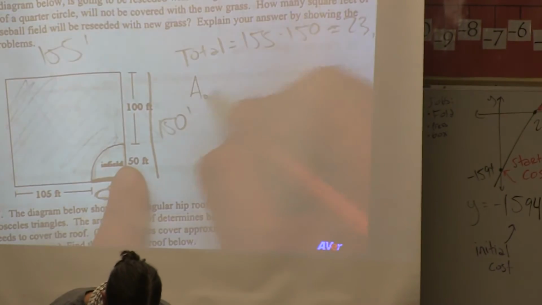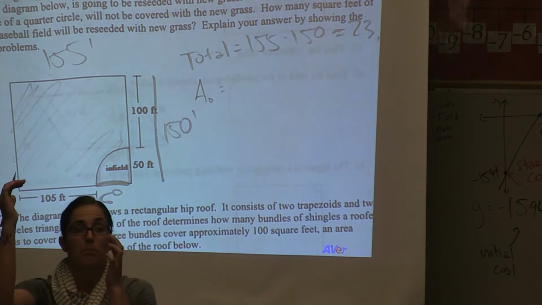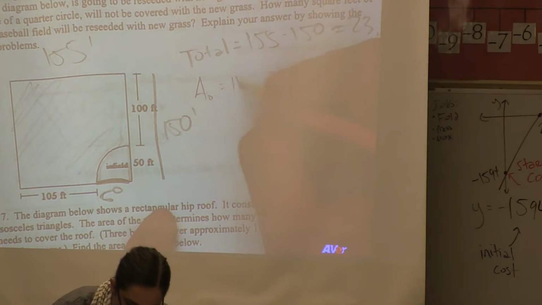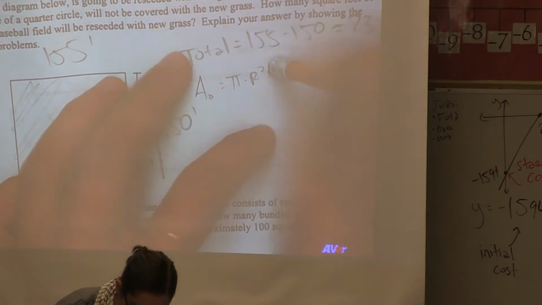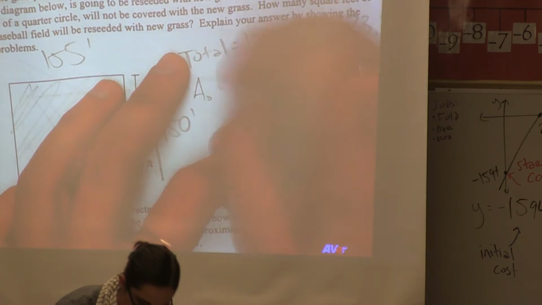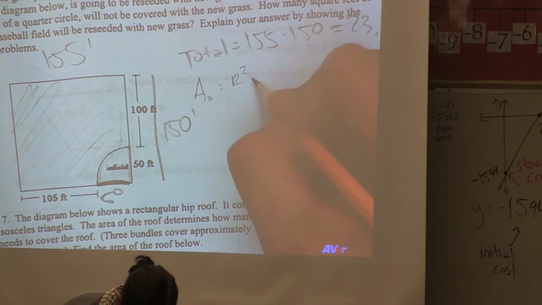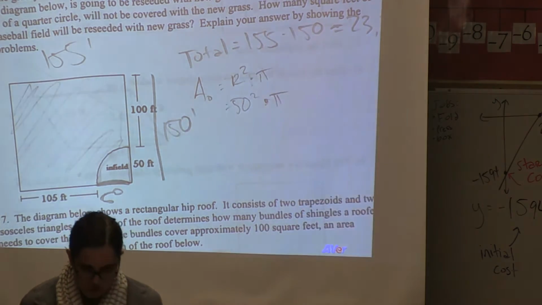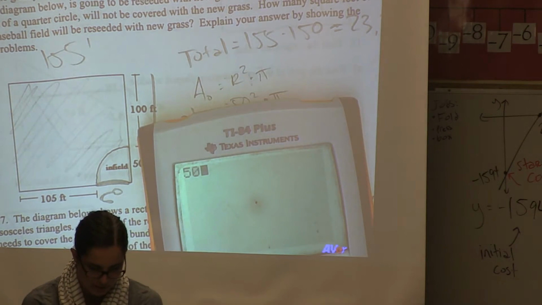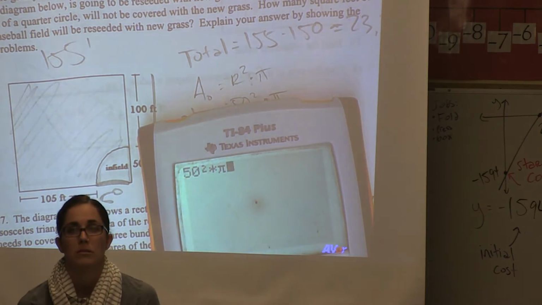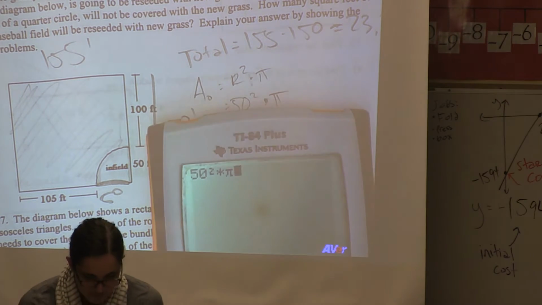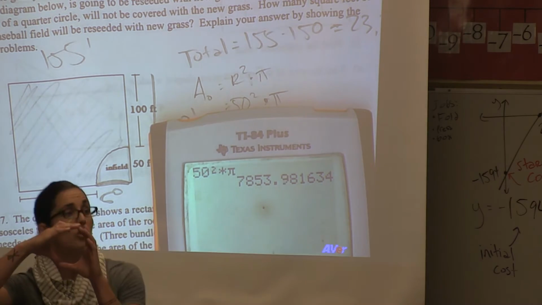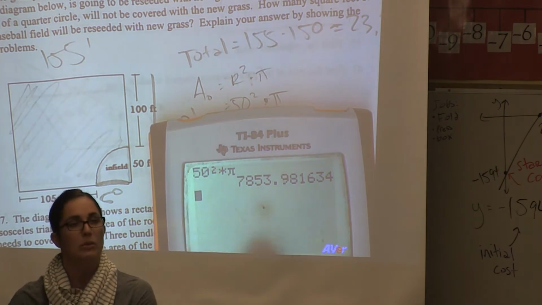For the circle, the area is going to be the area of a circle, but only 1/4 of it. So I'll have to divide it by 4. I know the area of a circle is pi times the radius squared. Actually, I lied to you guys. I told you to do radius squared times pi. The radius is 50. Square it times pi. So 50 squared times pi tells me that's the area of the whole circle, but I only want 1/4 of it.